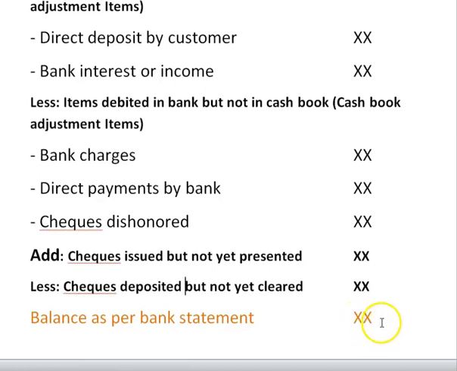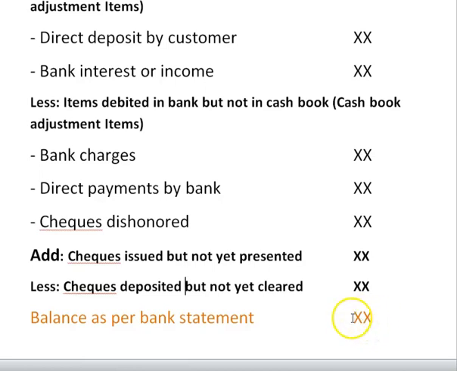This balance is expected to be the actual bank balance, or balance as per bank statement, which must be the same thing with what you will have in your bank cash book adjusted balance.